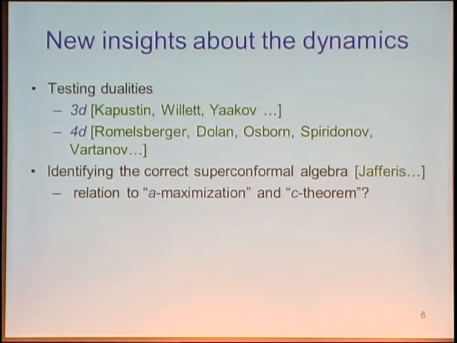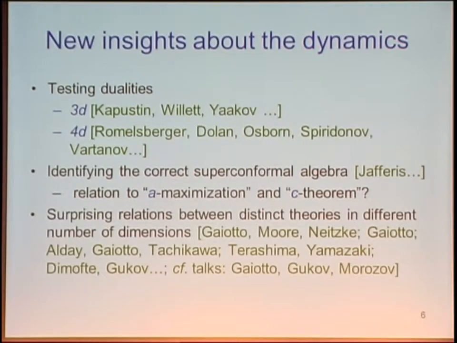The second new insight about the dynamics was the work of Jafferis, who found a generalization of a-maximization to three-dimensional theories, and there's a possible connection to a C theorem in three dimensions. That came from studying a supersymmetric theory on S3.